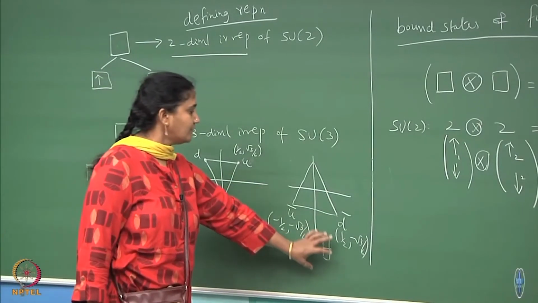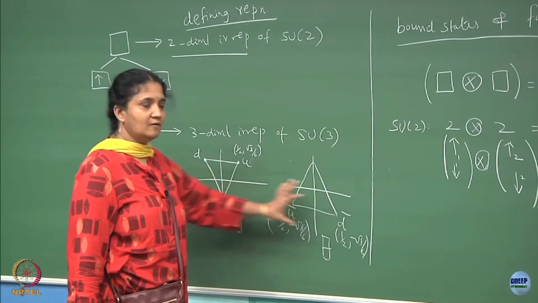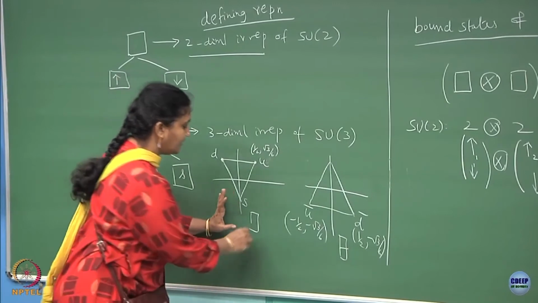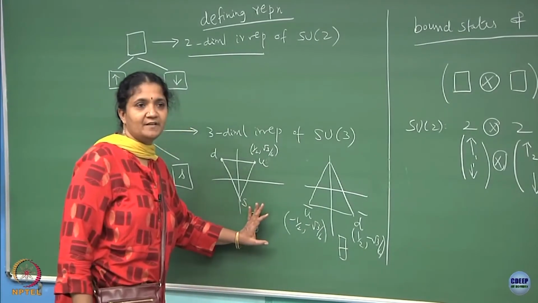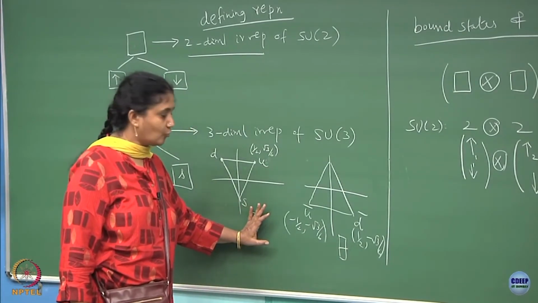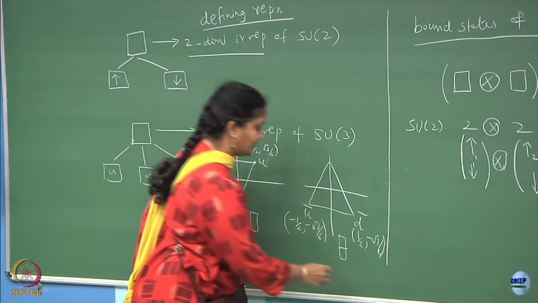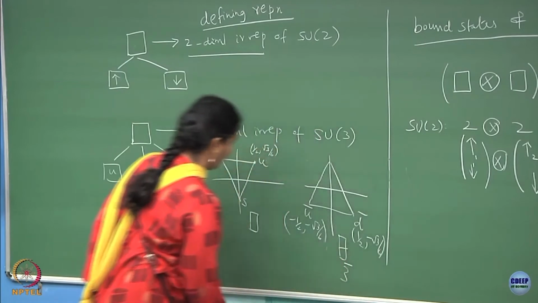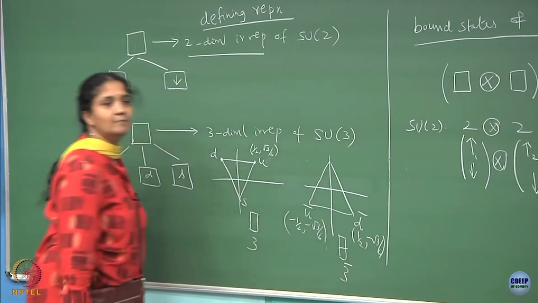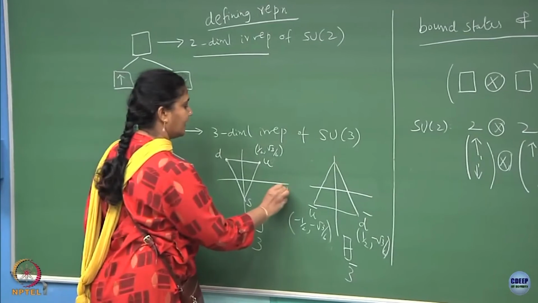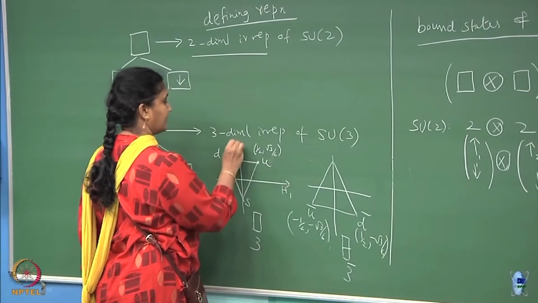So, this diagram is what we call the defining representation, which is the quark representation, the fundamental representation for quark. This is the representation for the anti-quark. People sometimes denote this by a 3 bar, this by a 3, and these are your H1, H2 axes.